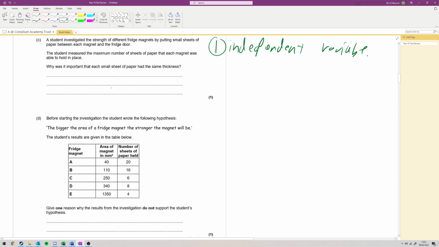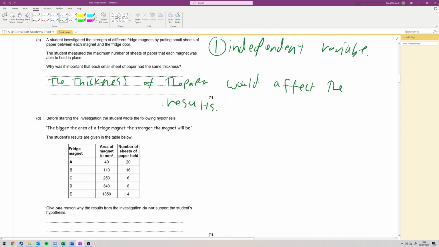So you could say every experiment needs only 1 independent variable, but if you said something on the more common sense line, like the thickness of the paper would affect the results, there you go, that would get you the mark.